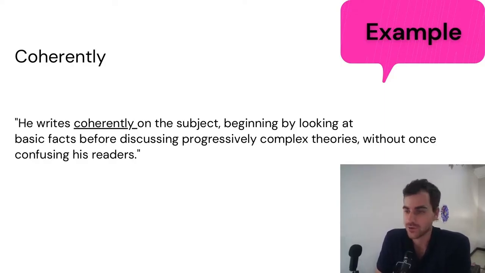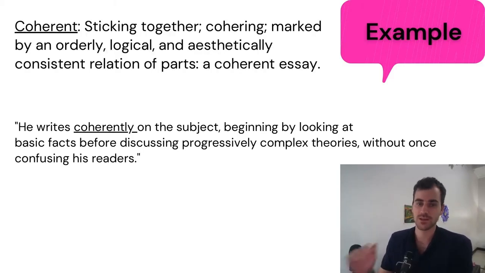And if we look at the rest of the information, we can see at the end it says, without once confusing his readers. He doesn't confuse his readers. So that must mean his writing is clear and easy to understand. And that's the definition of coherent. It means sticking together, cohering, marked by an orderly, logical, and aesthetically consistent relation of parts. So that's a complex definition, but it basically just means that the writing is clear and simple to understand, coherent.